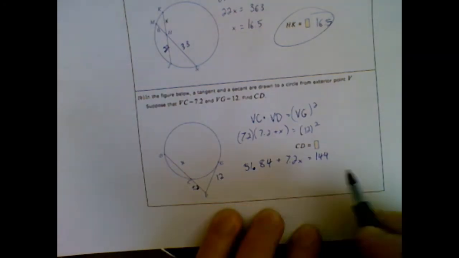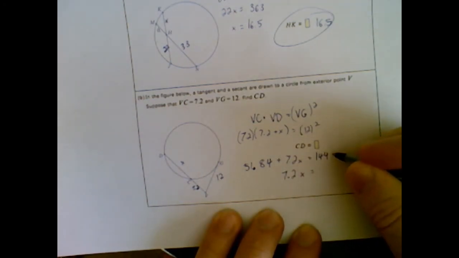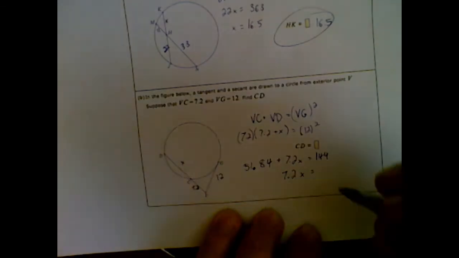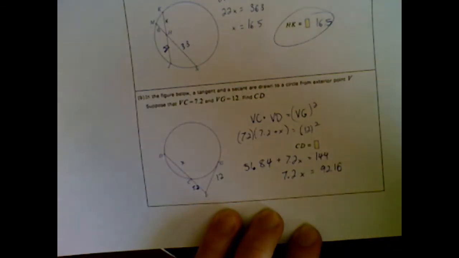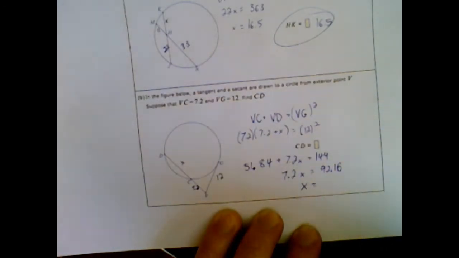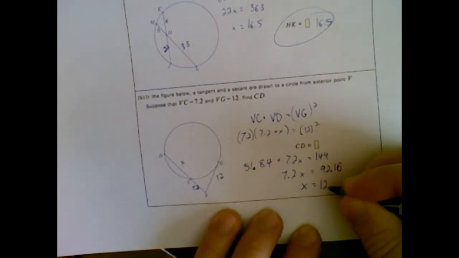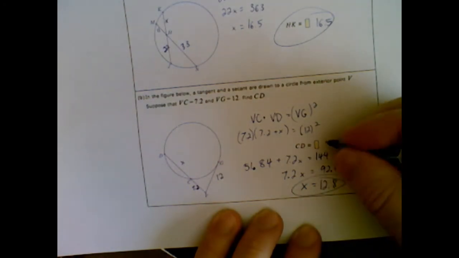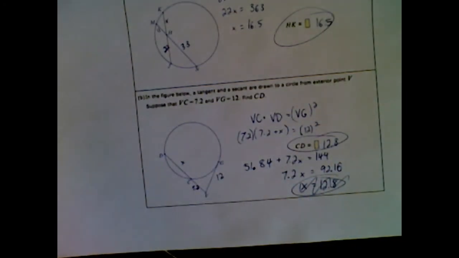So go ahead and subtract that over. We get 7.2x equals 144 minus the 51.84, which is 92.16. Divide to get CD. So divide by 7.2, and we find out that it is a nice 12.8. So CD is 12.8. Okay.